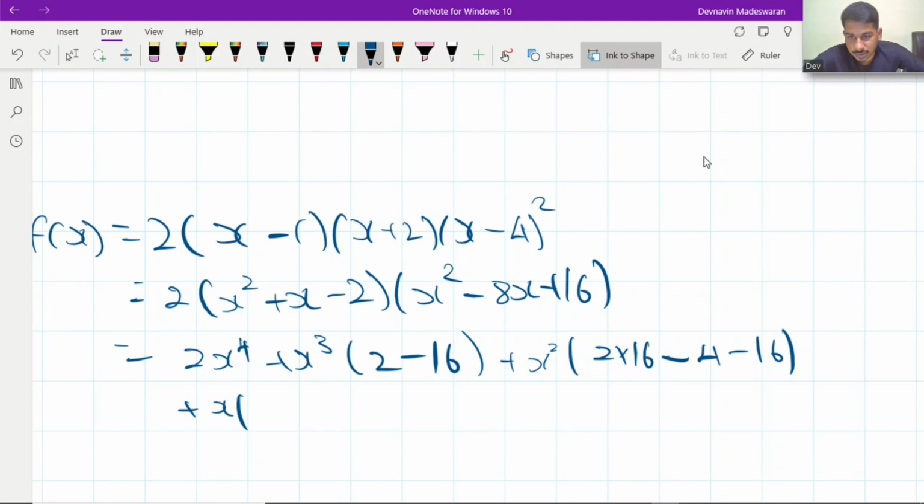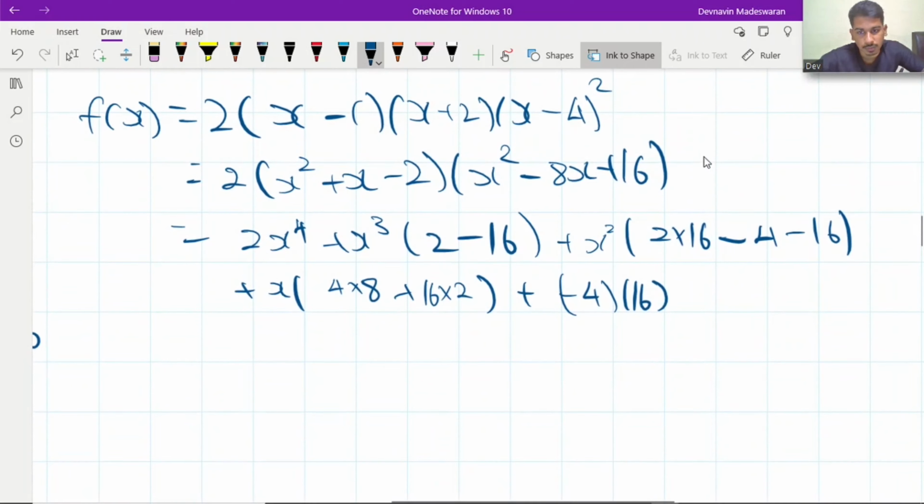There are only 2 things left. So 2 times negative 2 times negative 8, so it's going to be 4 times 8. Then 16 times 2. And then the constants is going to be just 2 times negative 2 times 16, negative 4 times 16.